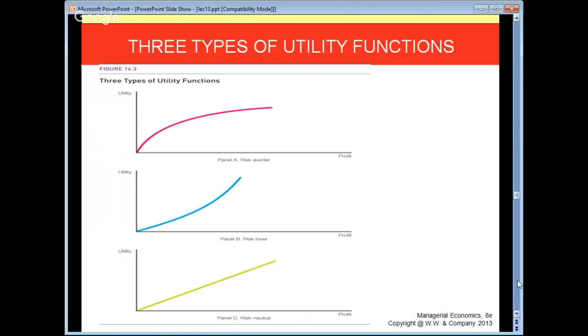And here, this is from the book. The first graph is risk averse. The second graph is a risk seeker or risk lover. And the last one, the straight line, is a person who's risk neutral. Questions?